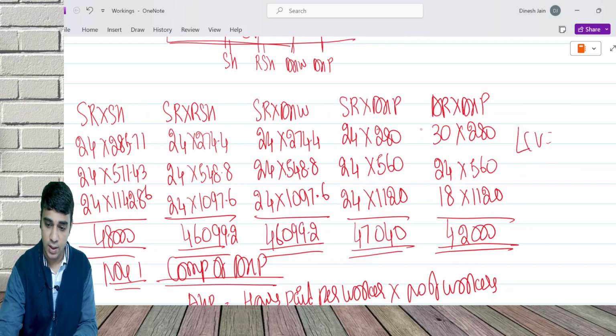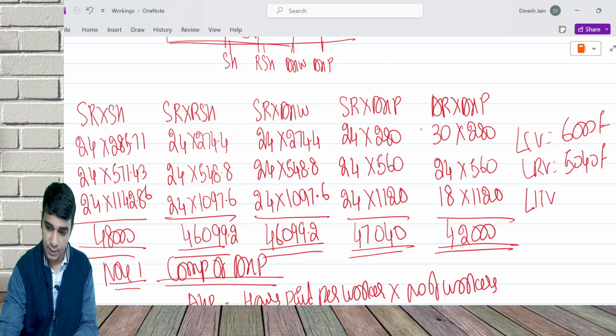Labor cost variance 6000 favorable, rate variance 5040 favorable, idle time variance was the gap between these two.